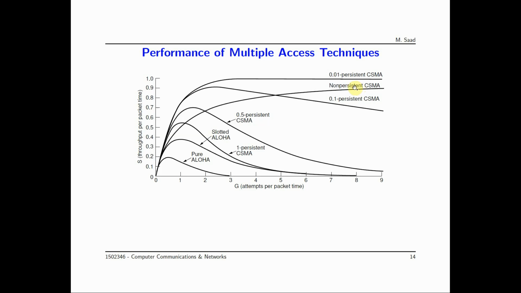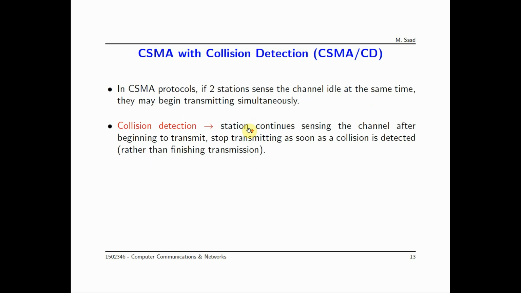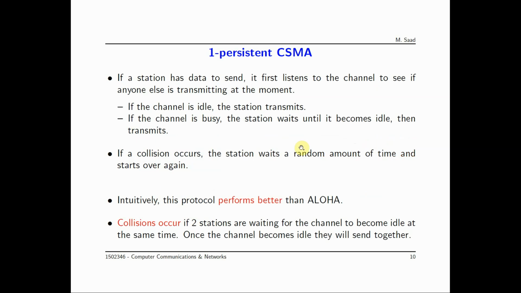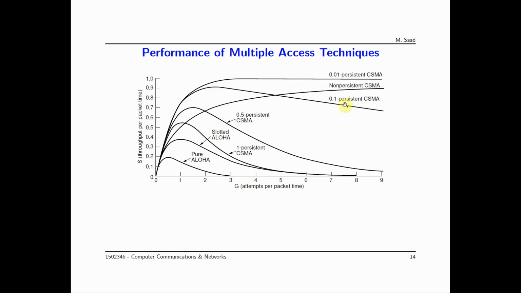Now, it is best that we compare P persistent together, with different values of P. 0.5 persistent, which is the P persistent protocol in which P is equal to 0.5, which means that if you find the channel idle, 50% chance you transmit, 50% chance you will wait until the next time slot, versus P persistent with P equal to 0.1.